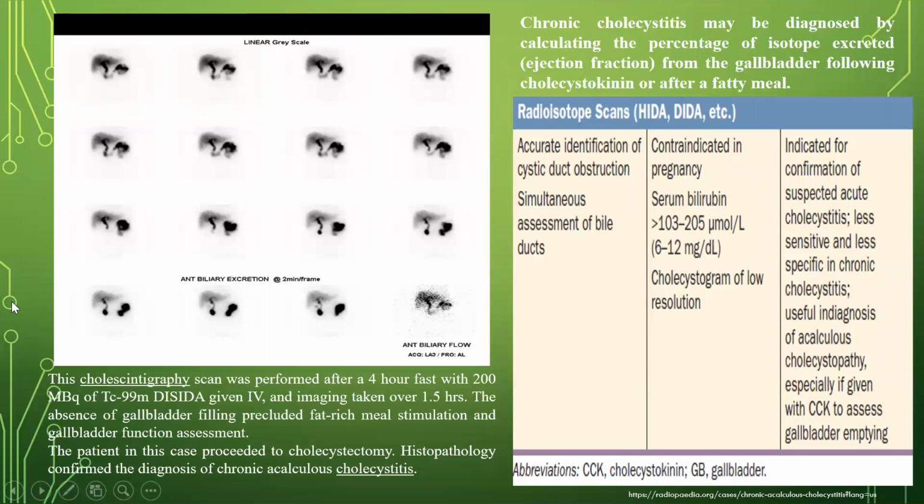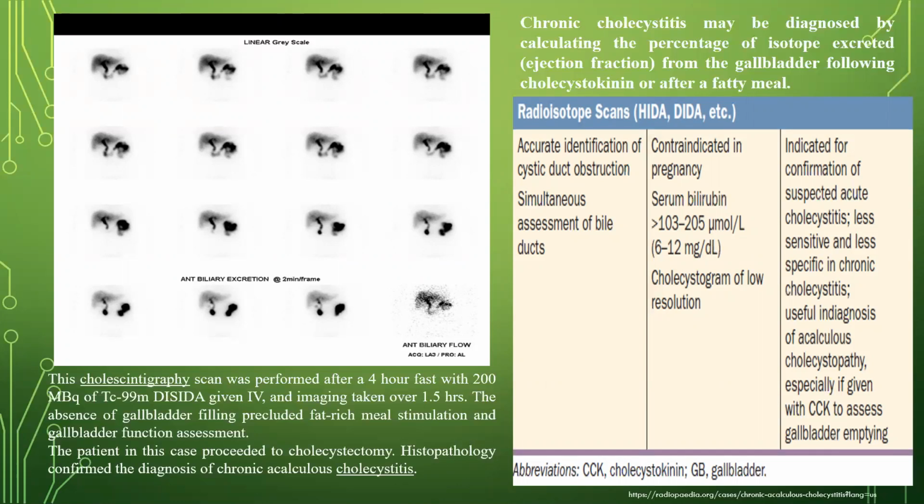Radioisotope scans are useful too, and chronic cholecystitis may be diagnosed by calculating the percentage of isotope excreted from the gallbladder following cholecystokinin or after a fatty meal. So in this case you can not only confirm the diagnosis, but also understand the current etiology of chronic cholecystitis in such a patient.